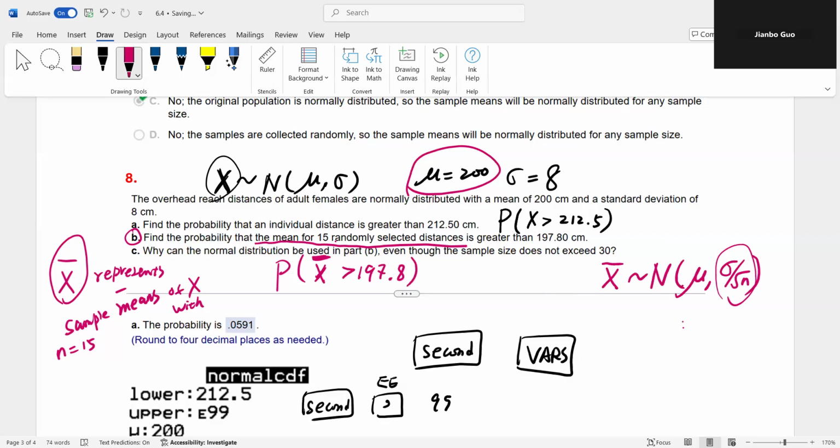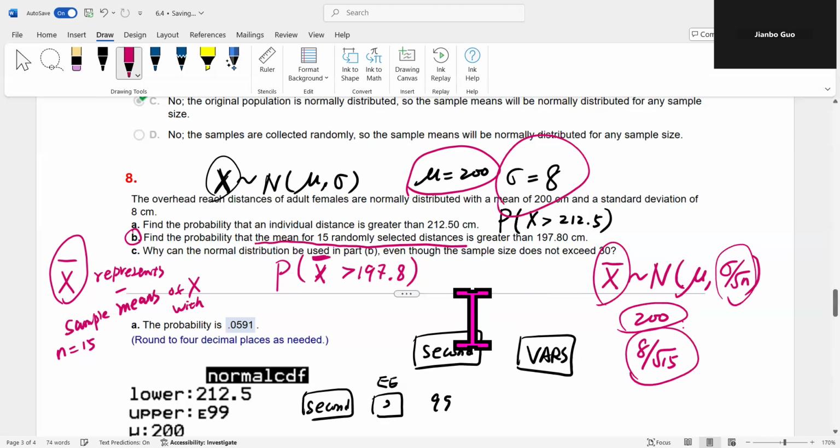So the random variable that represents the sample means of samples of size 15 from the population is normally distributed with mean 200 and standard deviation 8 divided by root 15. 200 is the mean of the normal distribution of X bar.